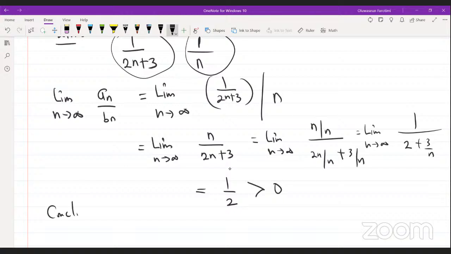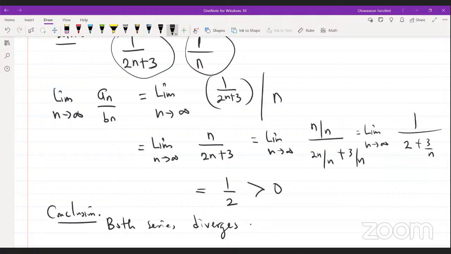So if it is greater than 0, the conclusion is that both series diverge. Makes sense, guys? Why does it diverge? Somebody has a question.